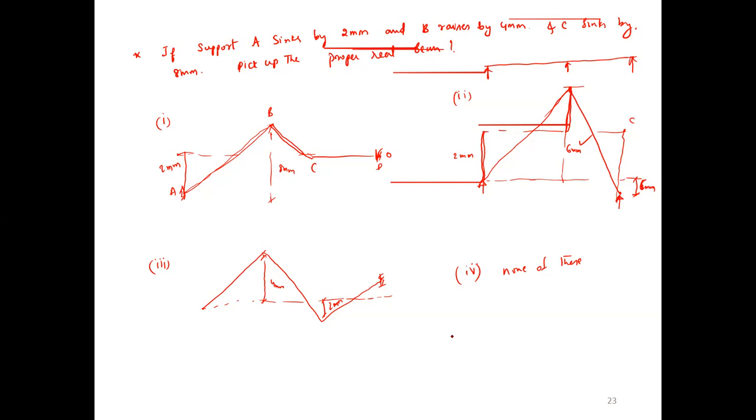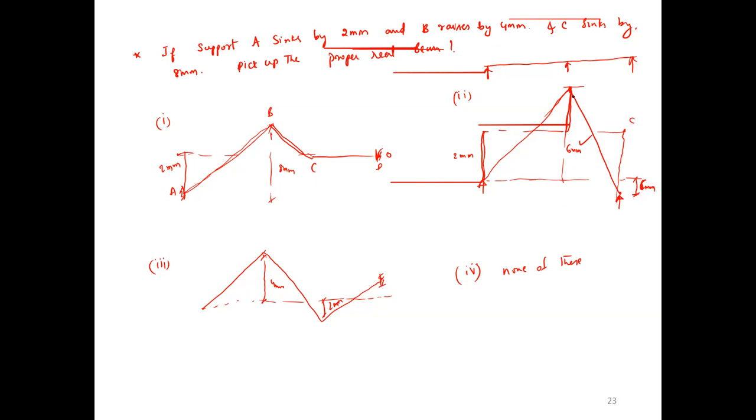Have you got the things? Because I have given 2 mm, right? If I am asking for the shape, then answer 2 is right. But I'm not asking the shape; I have given the dimension. When we are given the dimension, you must be calculative.